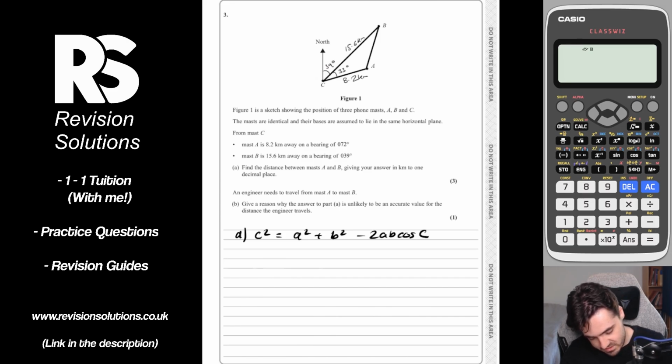And I'm actually interested in finding the remaining side c in my problem, so I'll square root. So c is the square root of a squared plus b squared minus 2ab cosine c. And then plugging our numbers in, I'll always write out the line of working that I'm going to put in my calculator.